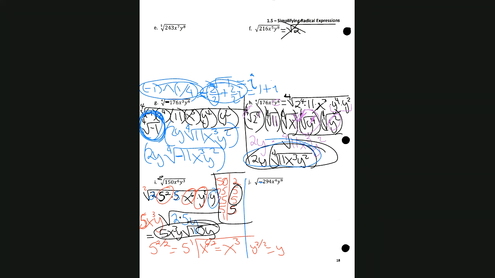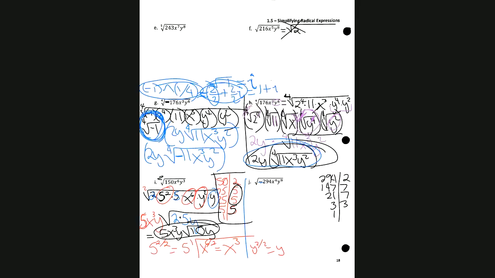So the prime factorization of 294, we could divide by 2, and that will give us 147. Then we could divide by 7, and that will give us 21. 21 could be divided by 7, will give us a 3, and then 3 could be divided by 3, and finally we get a 1.